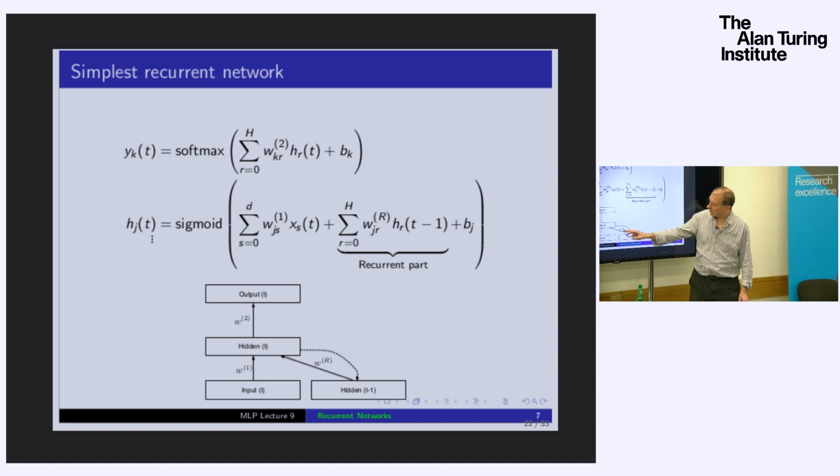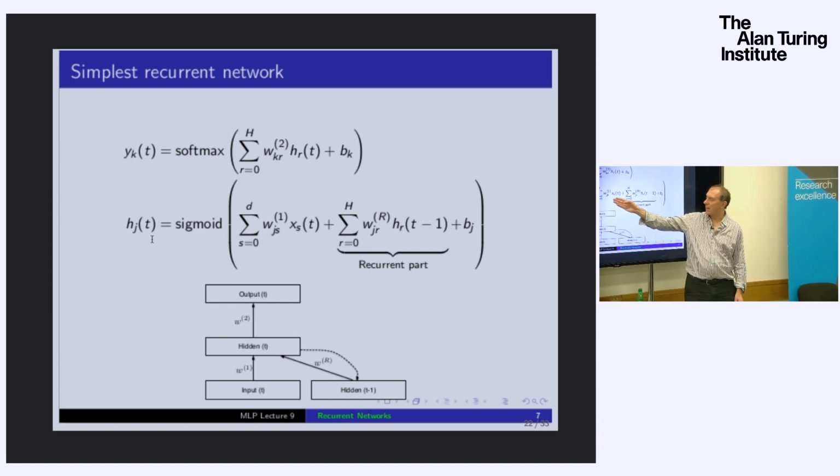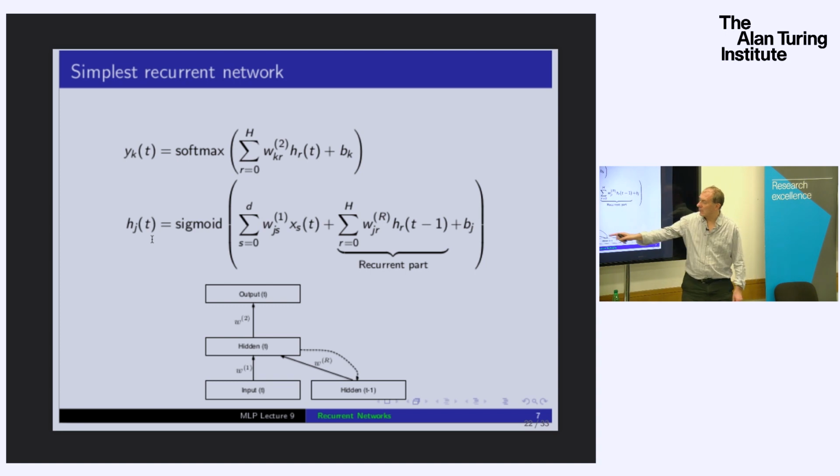We're going to have some recurrent weights here, mapping from this vector of hidden state with a weight matrix here. And so these hidden activations at time t will depend on both the input x and the hidden state at time t-1. Then the standard thing we would do in a neural net is to put that through a nonlinearity, something like a sigmoid function. And then we can have some other mapping between this recurrent state at time t and the output, if we want to do a task that requires that output.